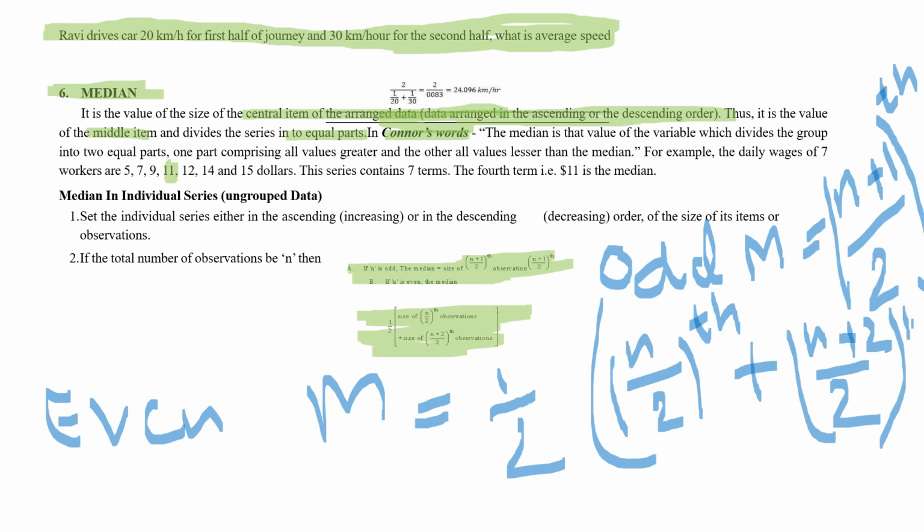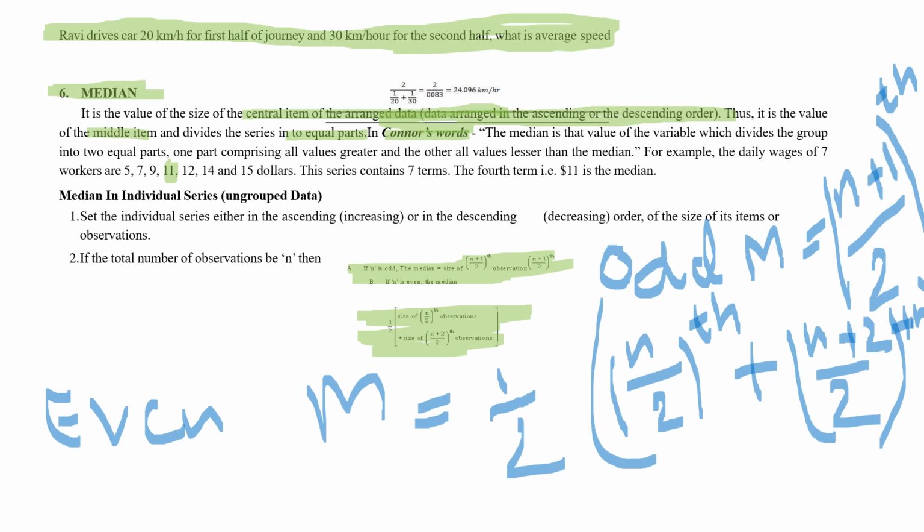So if n is even, the median is 1 by 2 of the n by 2th plus n plus 2 by 2th observations. So we can call it the median.